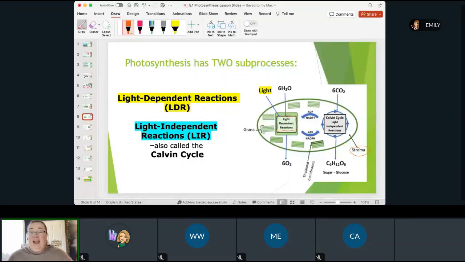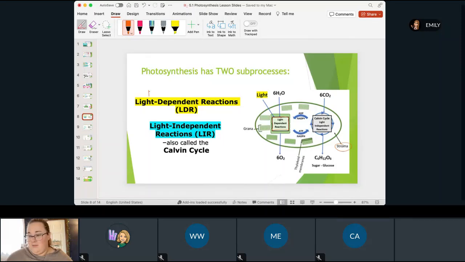Good. It means that we have to have light. So light is needed. Do you think that the light-dependent reaction process could take place at nighttime when it's dark outside?